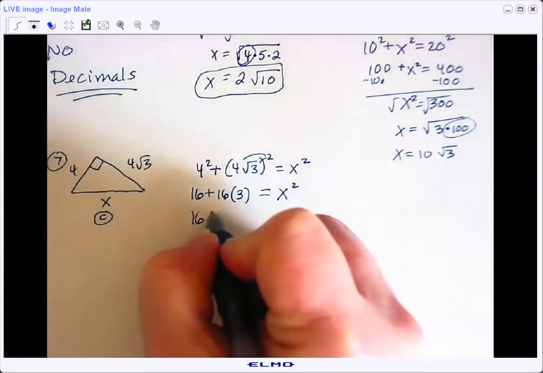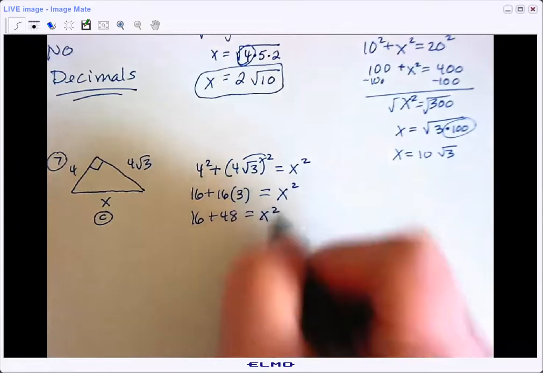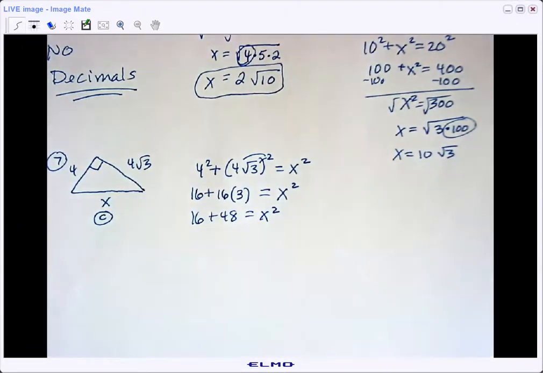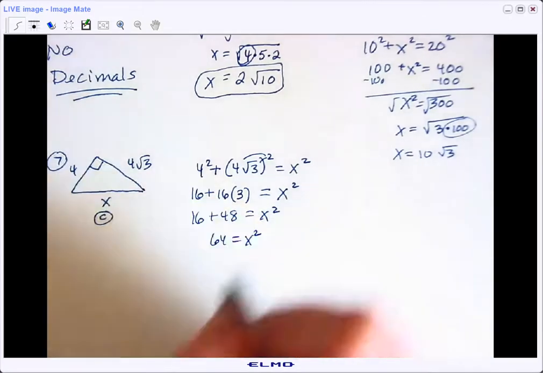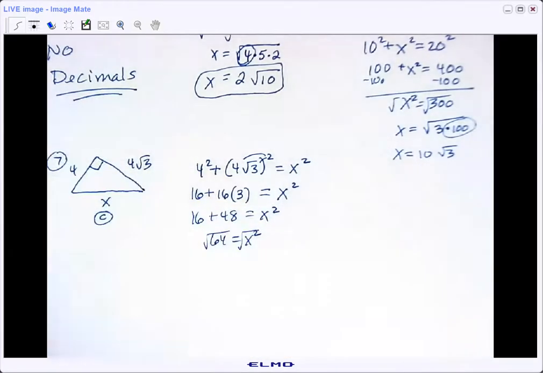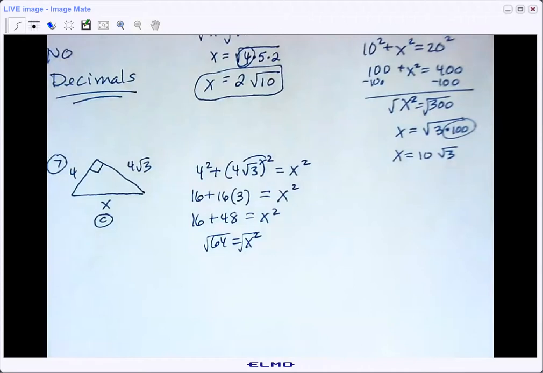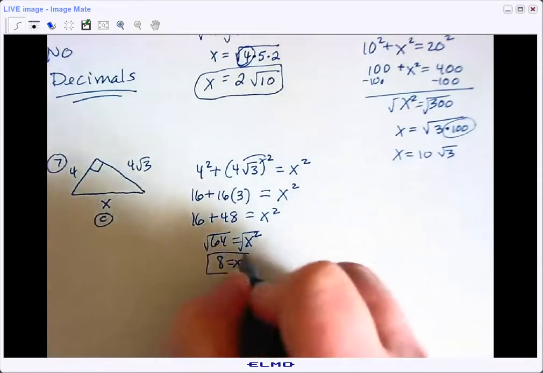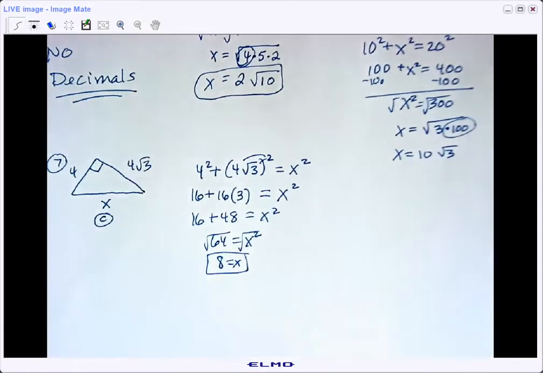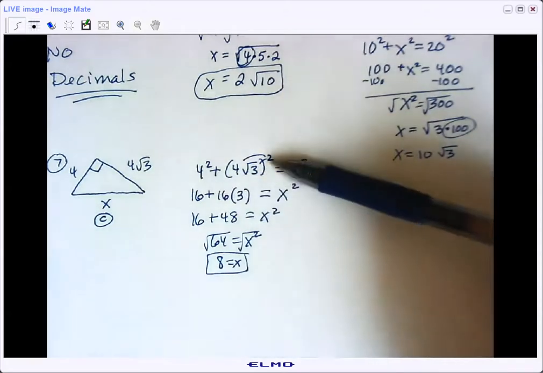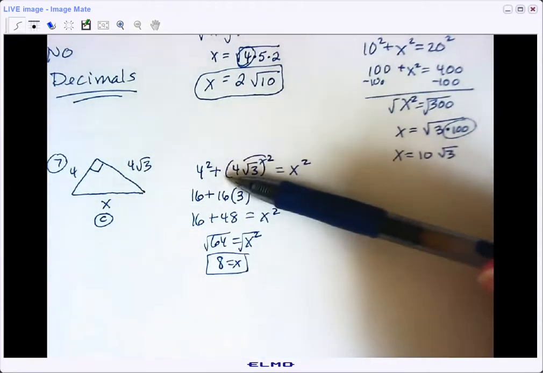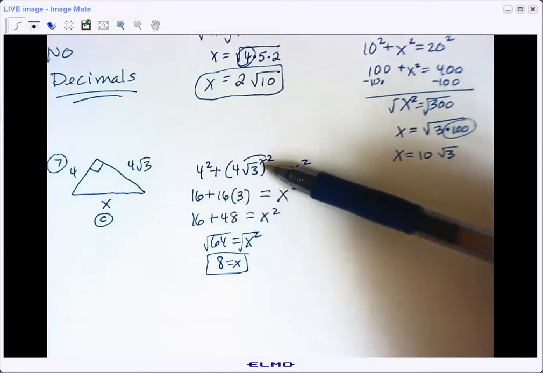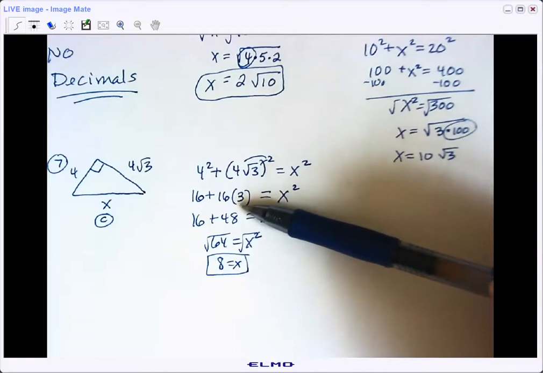So we've got 16 plus 48 is equal to X squared. 16 and 48 make 64. And the square root of 64 is what? Eight. Good. And you're done. So notice when we square a radical, we're squaring the integer in front. And then when we square the other part, it's just the number underneath the radical. Okay.